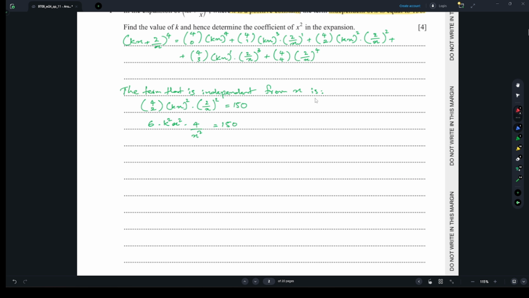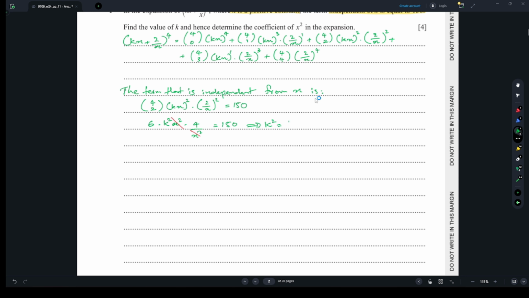So you can cancel out x squared, and from that you can find k squared. k squared is 150 divided by 6 times 4, which is 24.